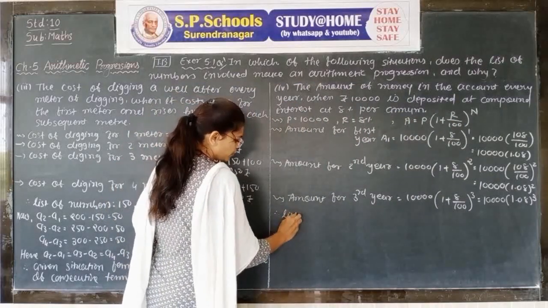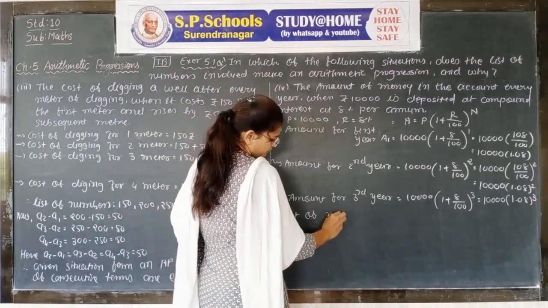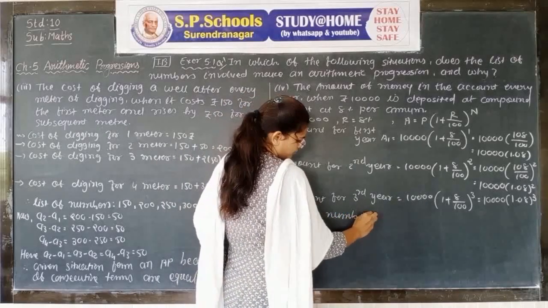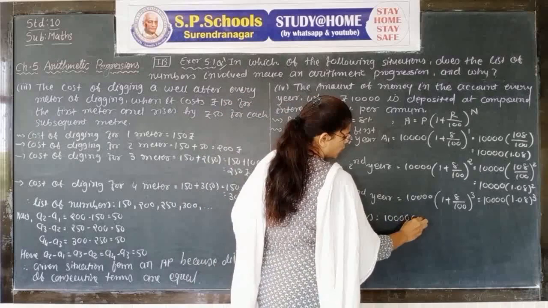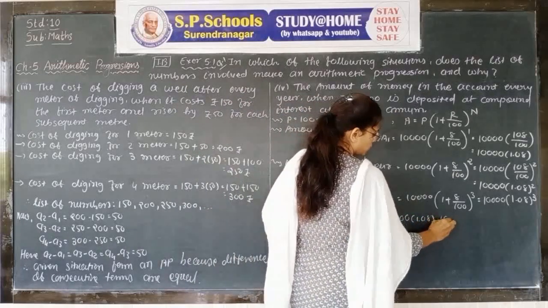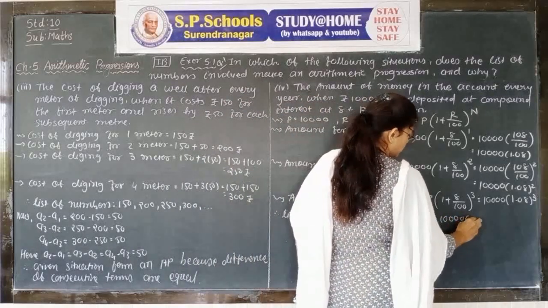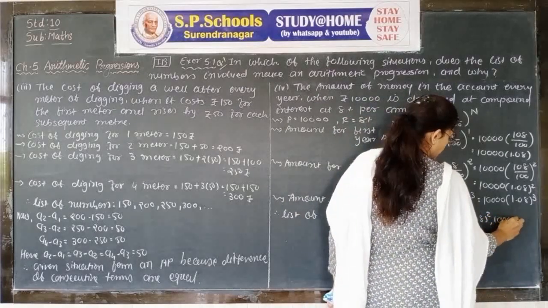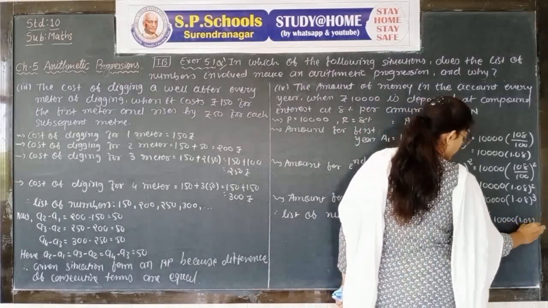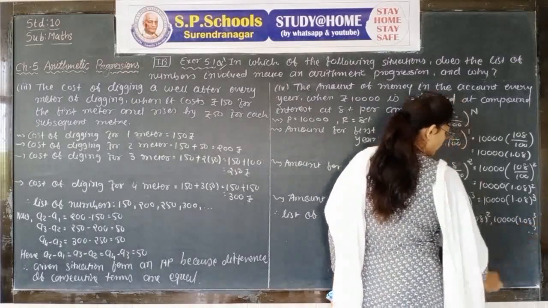Therefore, the list of numbers is: first 10,000 into 1.08, then 10,000 into 1.08 square, then 10,000 into 1.08 cube, up to infinity.